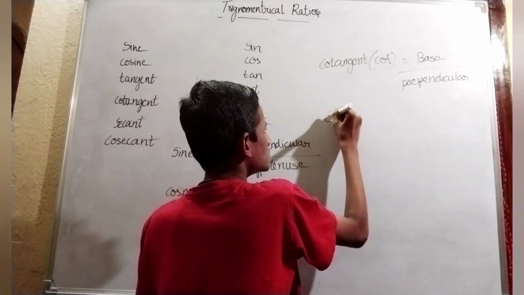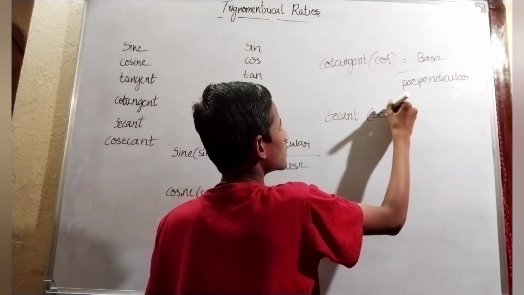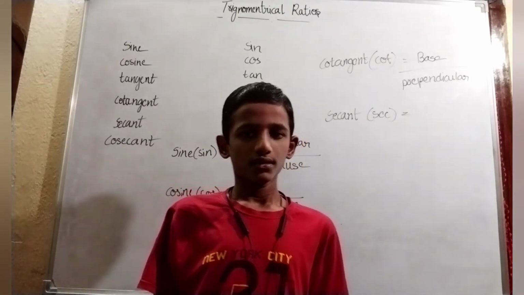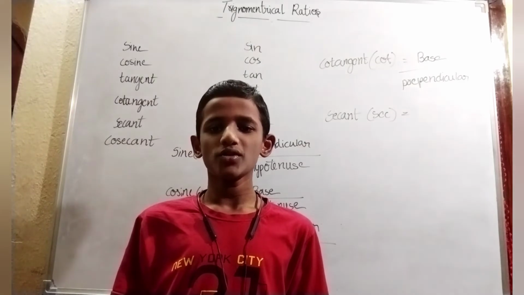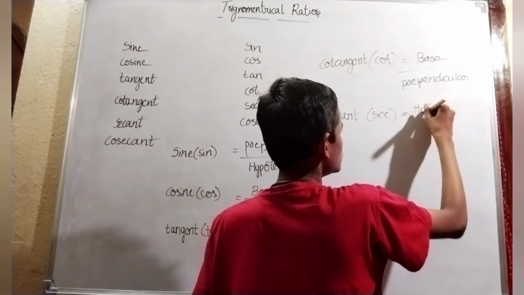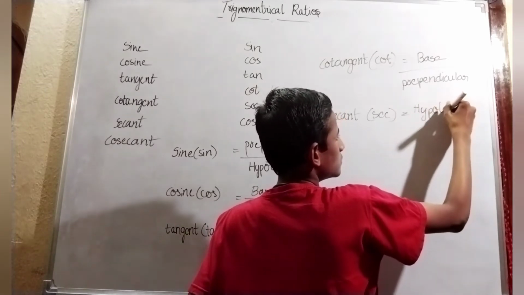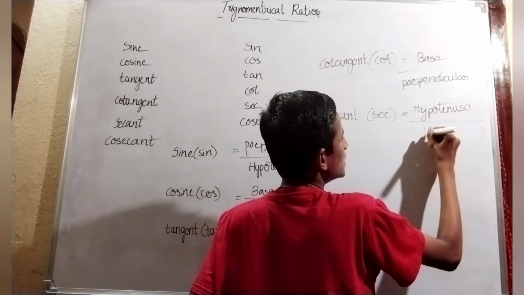Next, secant, that is sec in short. Secant is defined as a ratio between the lengths of hypotenuse and base. That is hypotenuse by base.